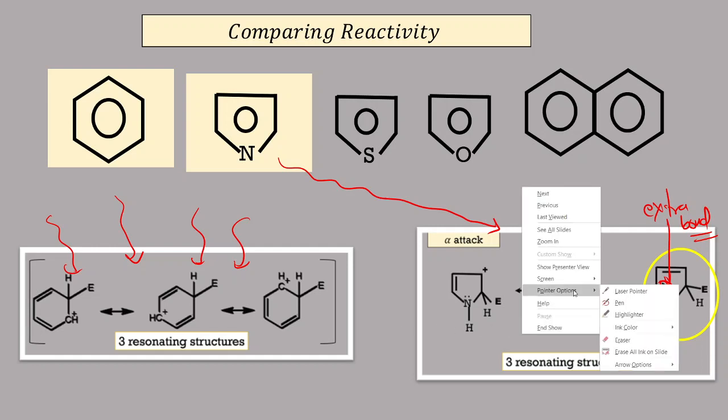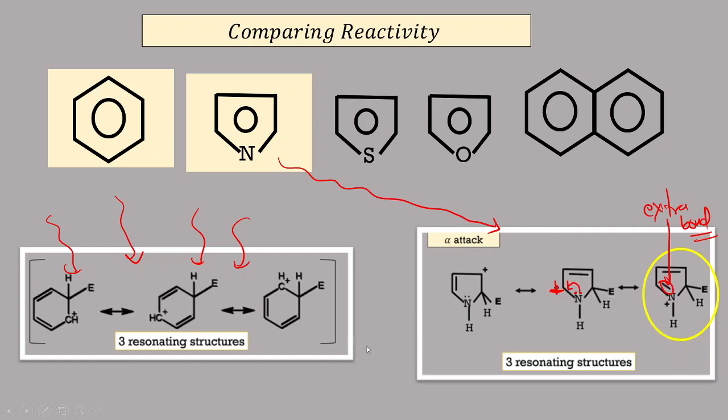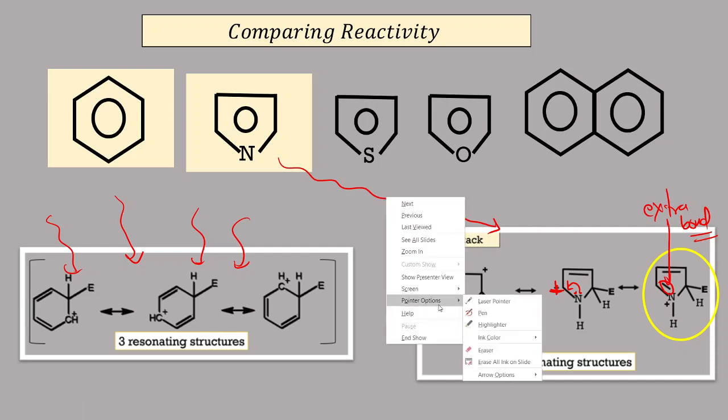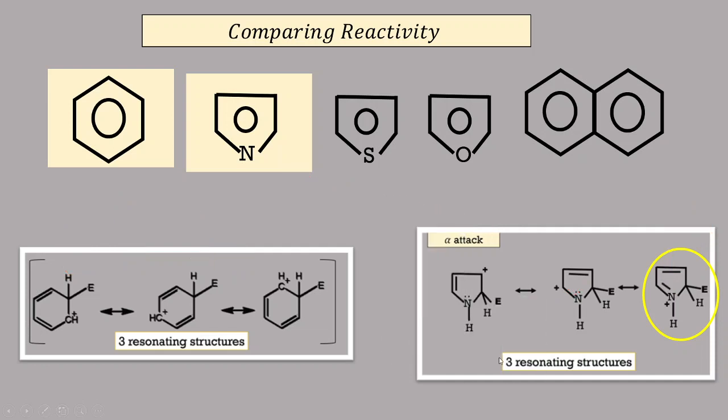And this one bond is very important, it is a lot of energy in organic chemistry. One bond is like 100 kilojoule or 200 kilojoule kind of energy we are talking about. So this is a lot of stabilization, and this makes pyrrole highly reactive, very much more reactive than benzene.